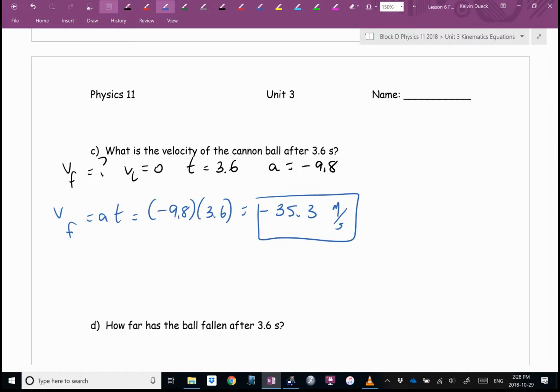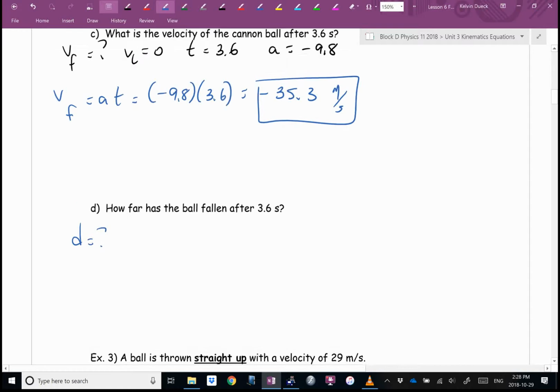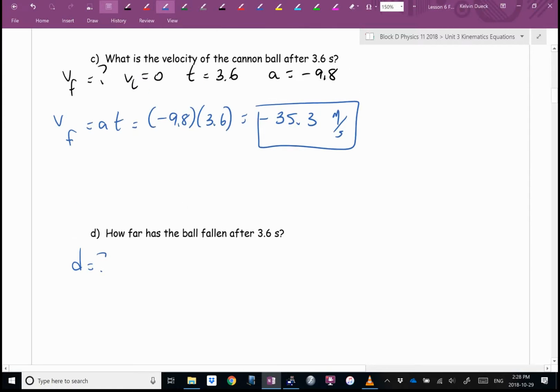What else can we figure out? Oh, that's what it's asking me to do? D equals question mark. What was VI, Adam? What was T? 3.6. What was A? This V final is also from 3.6 seconds.